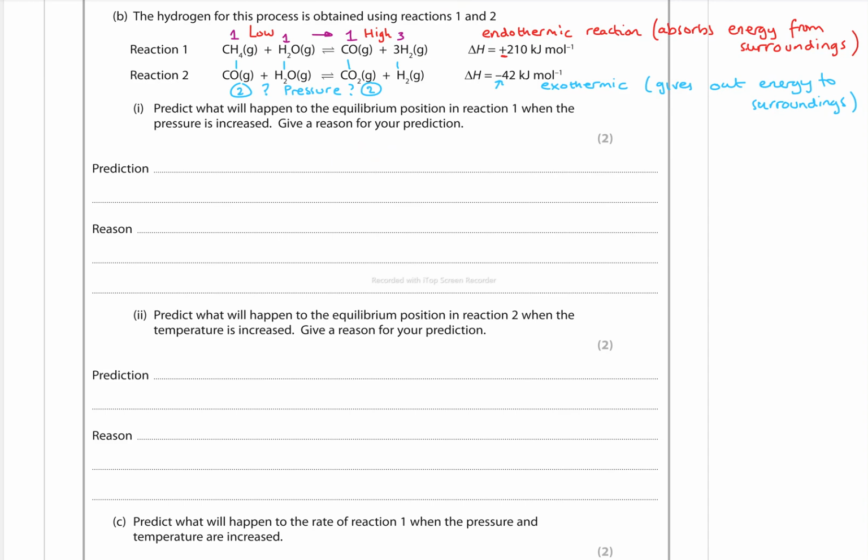Predict what will happen to the equilibrium when in reaction 1, you increase the pressure.